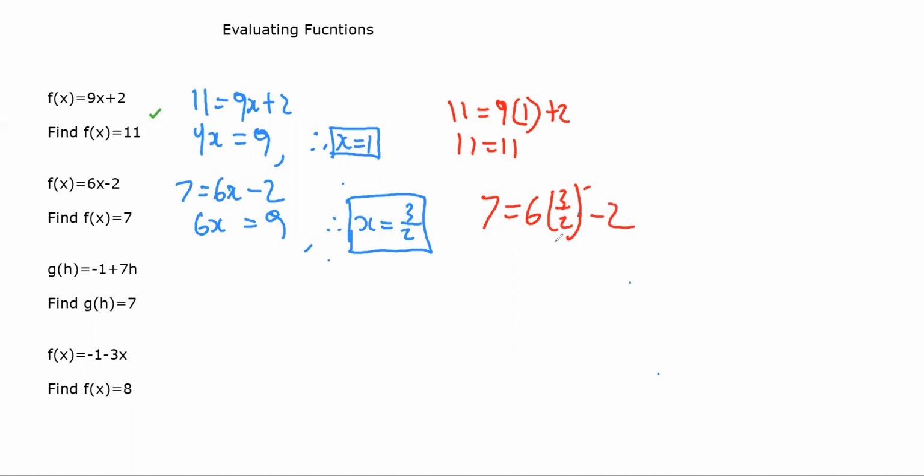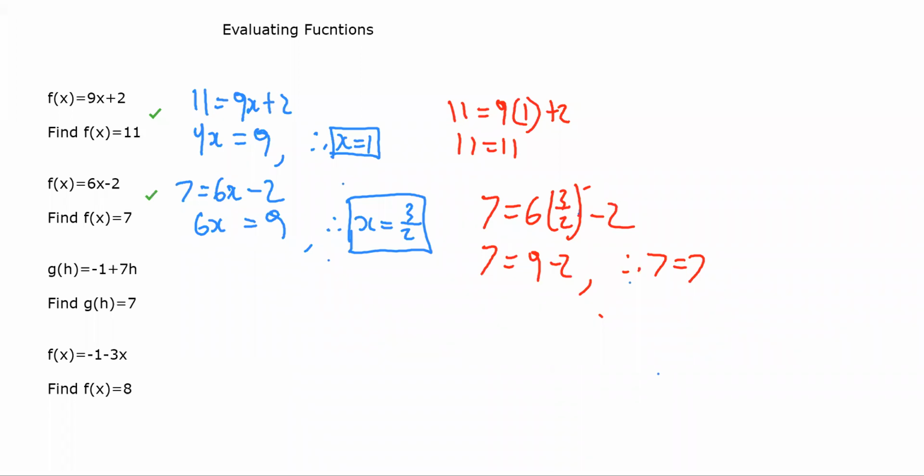It's the same reason again. Right here, you're substituting 3 by 2 for x, since x equals 3 by 2. So if we simplify it furthermore, we will get 7 equals 9 minus 2, and therefore 7 equals 7. So right now we can see that we got this problem right.